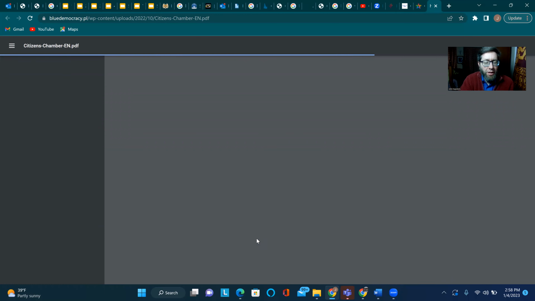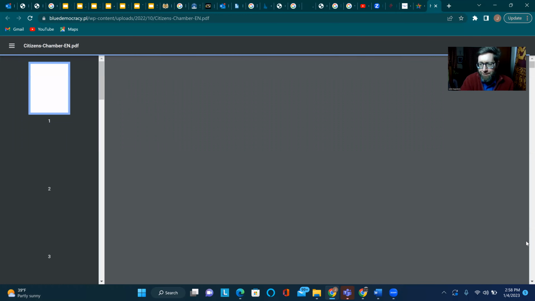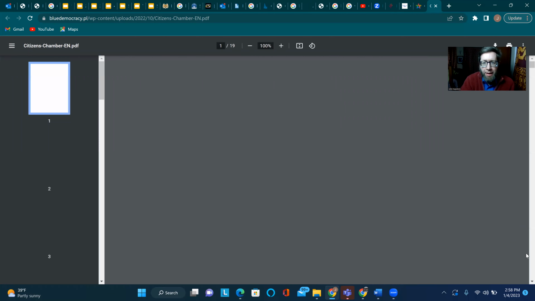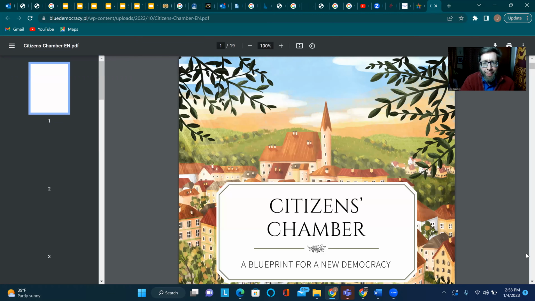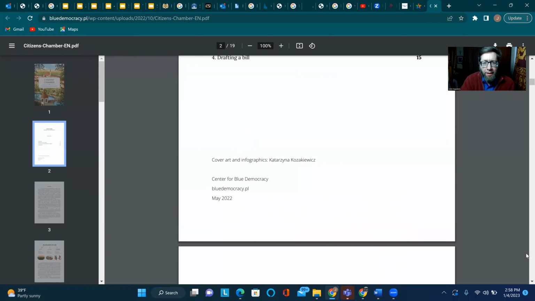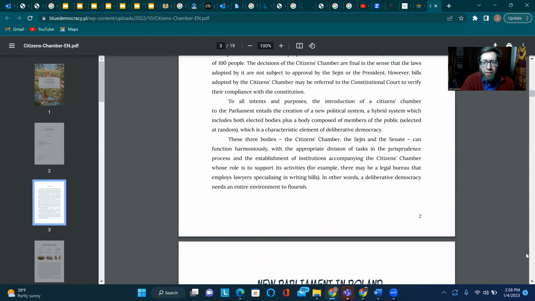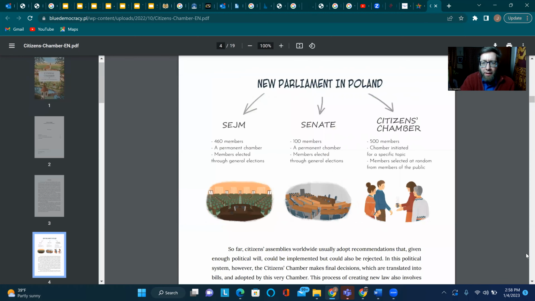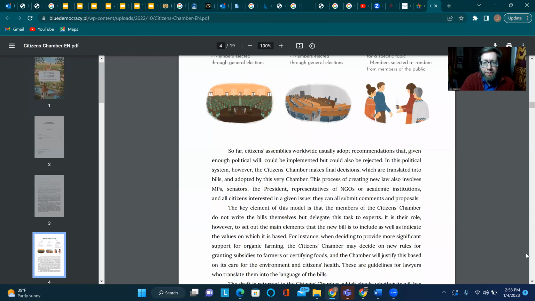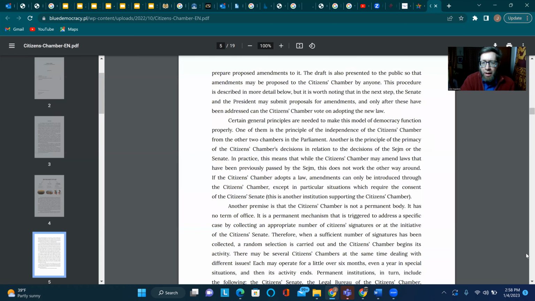And citizens chambers. This one's 19 pages. And introduction. Yeah, I think this is more centered for Polish.